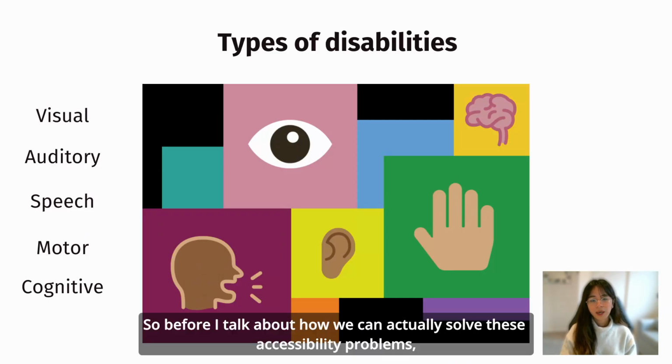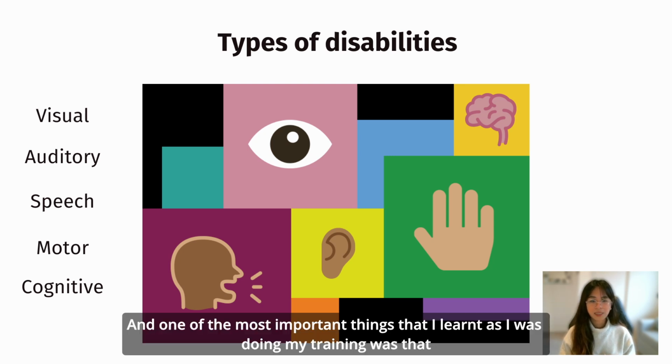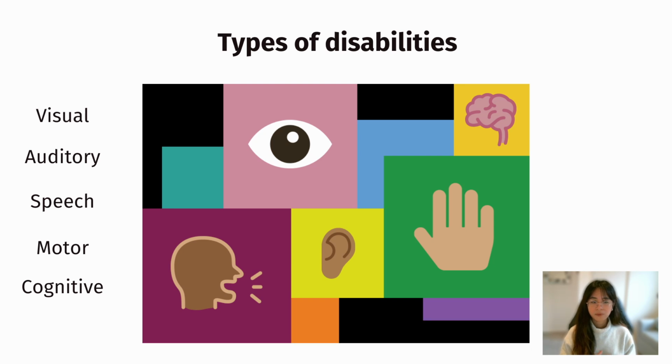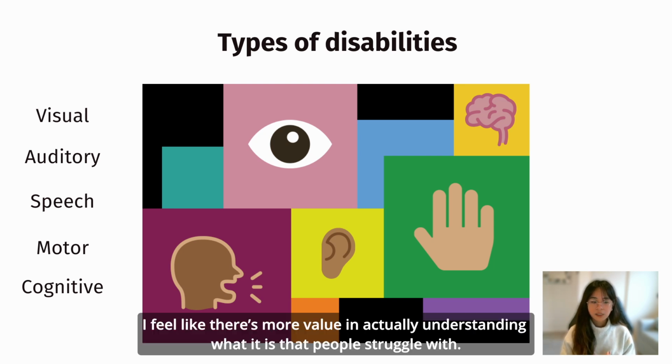So before I talk about how we can actually solve these accessibility problems, I always like to start off with the why. Why do we have to do all of these things that we do? One of the most important things that I learned as I was doing my training was that even though knowing WCAG is important and knowing all the rules and solutions is really helpful, I feel like there's more value in actually understanding what it is that people struggle with.